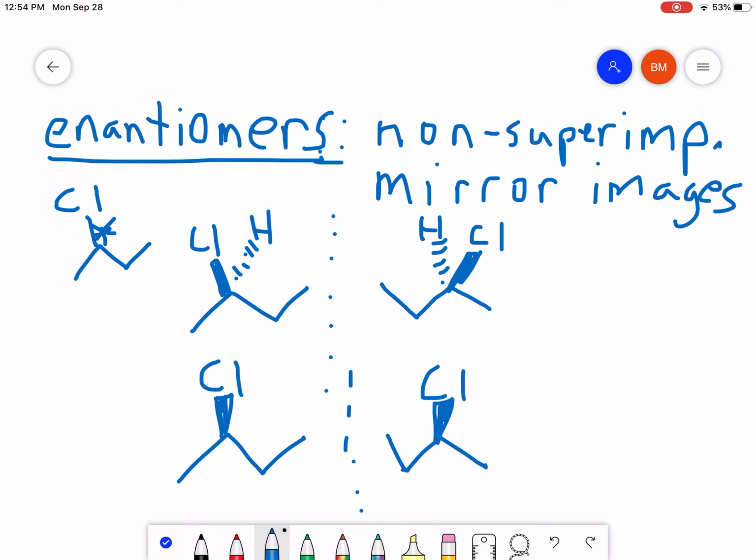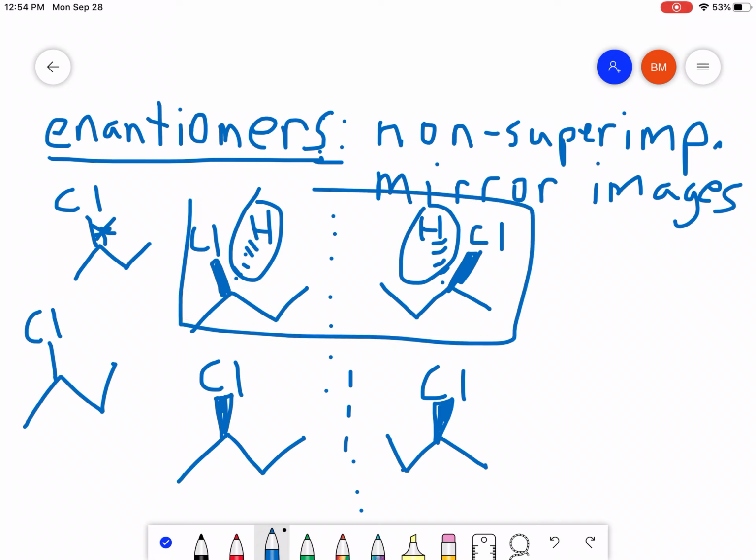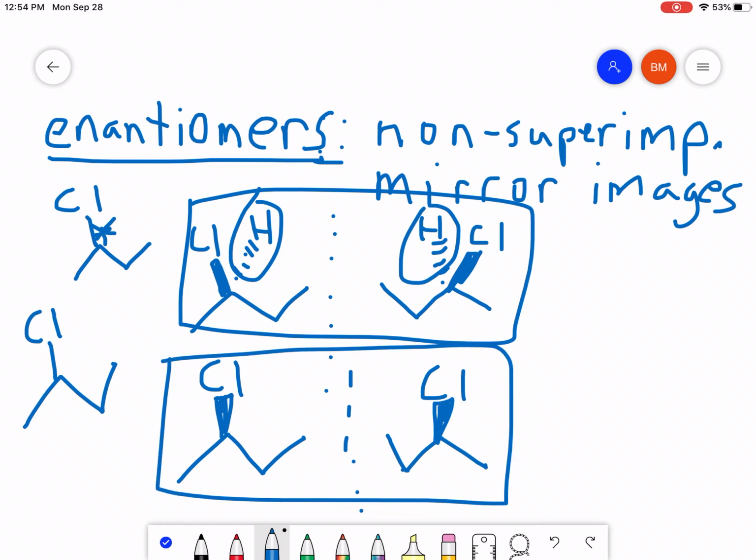When we draw the flat skeletal structures like this, we left out that hydrogen because of the skeletal structure rules. We can leave it out also on three-dimensional images, so this doesn't necessarily have to be put in. Sometimes you'll see it, sometimes you won't. This means the same thing as this. Just wanted to let you know that.